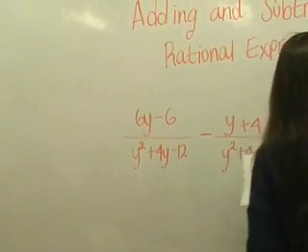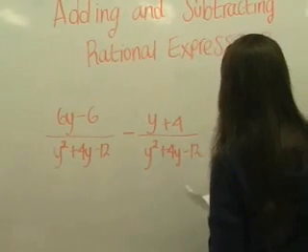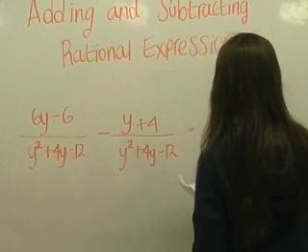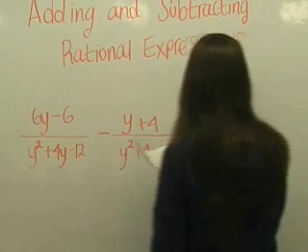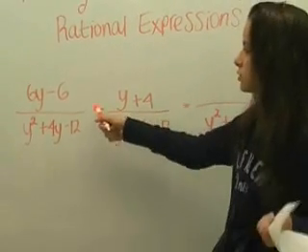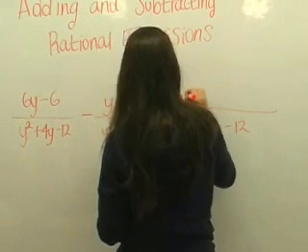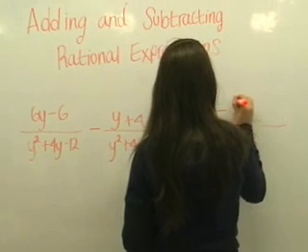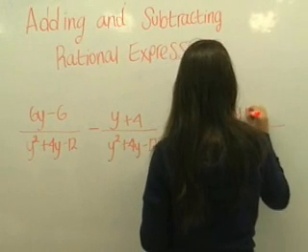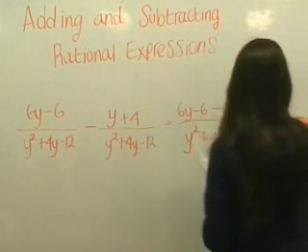So you put the like denominator in the bottom, and then you subtract the numerators.